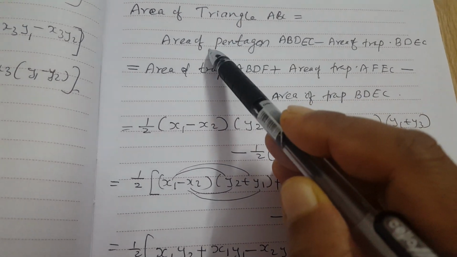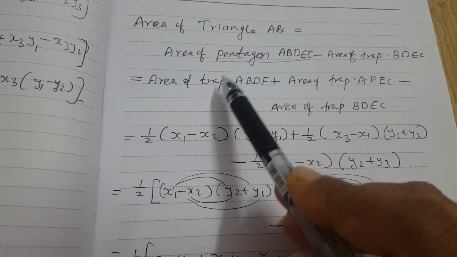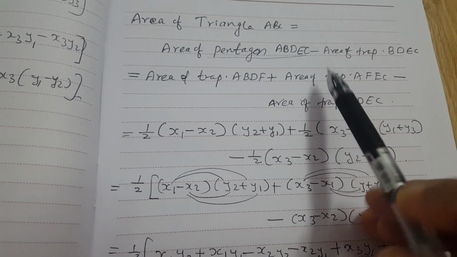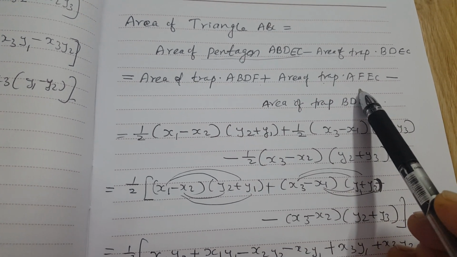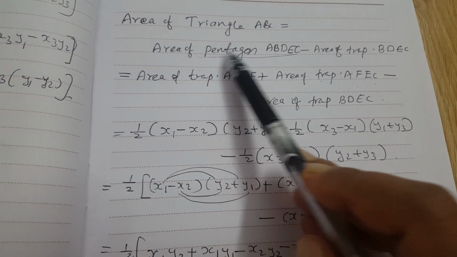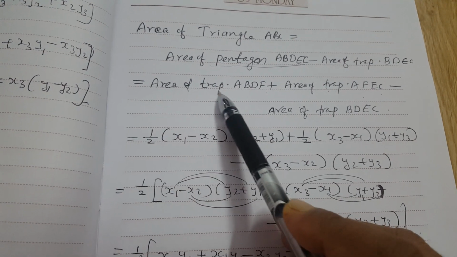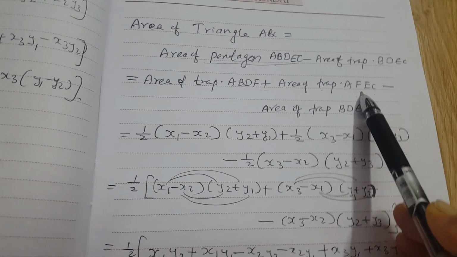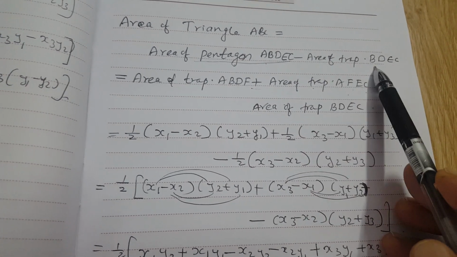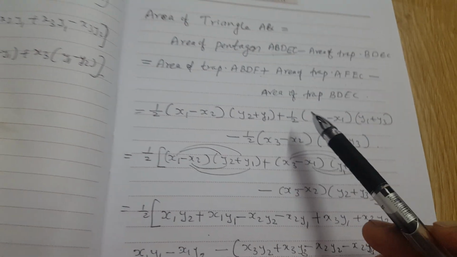And since we don't have a single formula for the area of the pentagon, we divided the pentagon into two trapeziums, that is trapezium ABDF plus trapezium AFEC. So area of pentagon ABDEC is replaced by area of trapezium ABDF plus area of trapezium AFEC minus area of the trapezium BDEC, the bottom part.